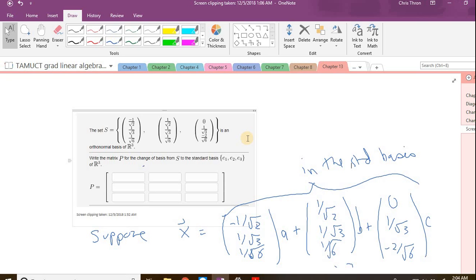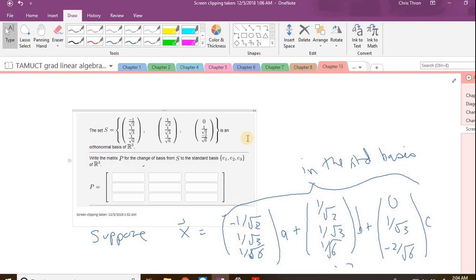That's the problem. In fact, that is true. You can find that in the book.